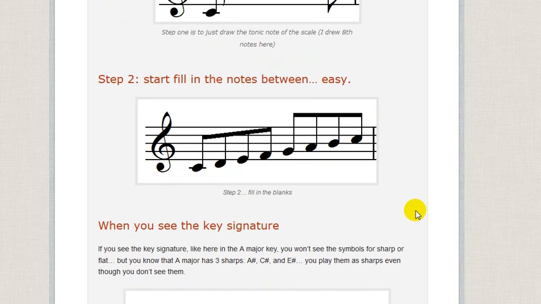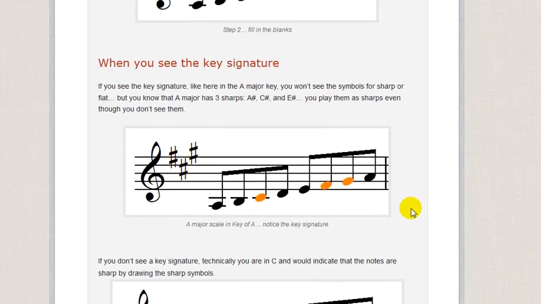Easy peasy. Now, when you see a key signature on the staff, you see I got 3 sharps right here. So 3 sharps are going to be F, C, G. Next letter is A. So I am in the A major scale. You notice that there are no sharp symbols in front of these 3 notes, but we know that they're sharp because of the key signature.